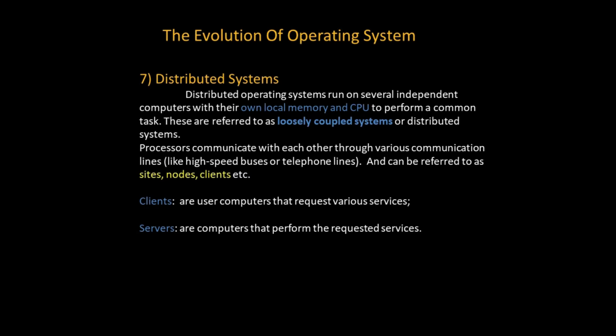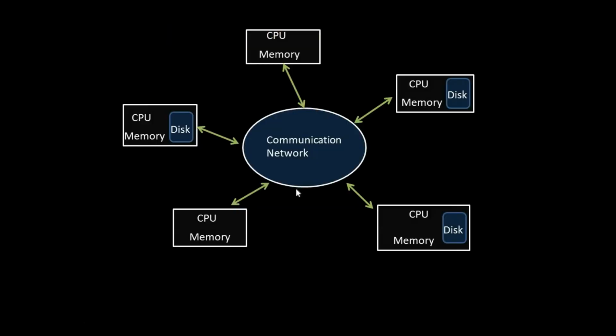And when we talk about servers, we are talking about computers that perform the requested services. In other words, the clients request services while the servers perform the request and send the results to the clients.